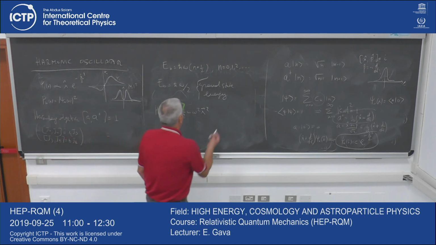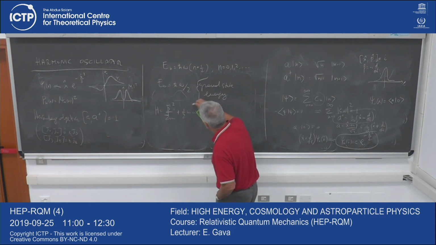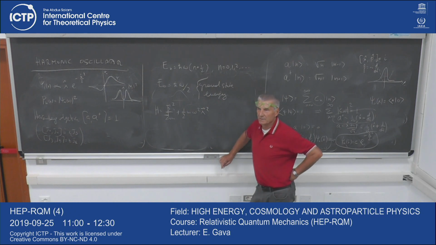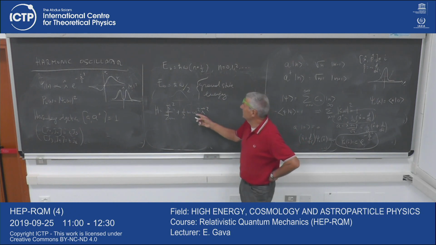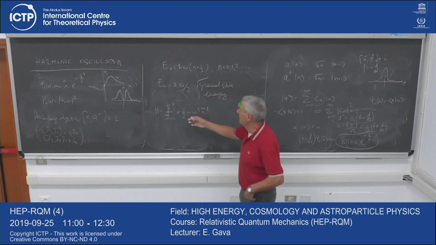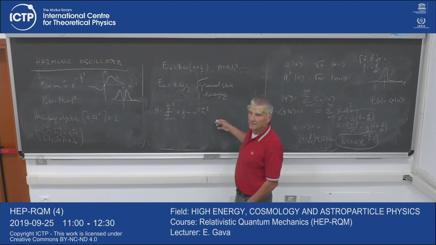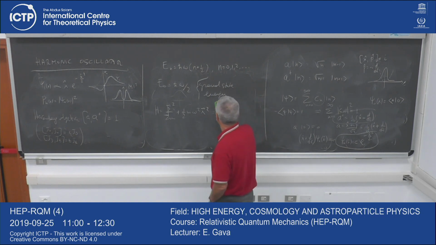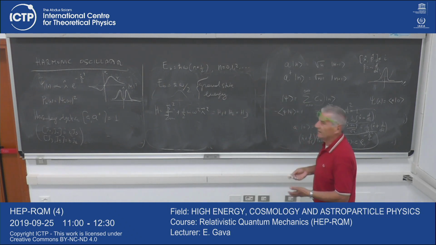Moreover, the simplest case is where they all have the same frequency. You may also have cases where the frequencies of the 3 directions are different. But this is just the sum of 3 independent Hamiltonians, H1 plus H2 plus H3. These 3 Hamiltonians are identical, the same Hamiltonian.